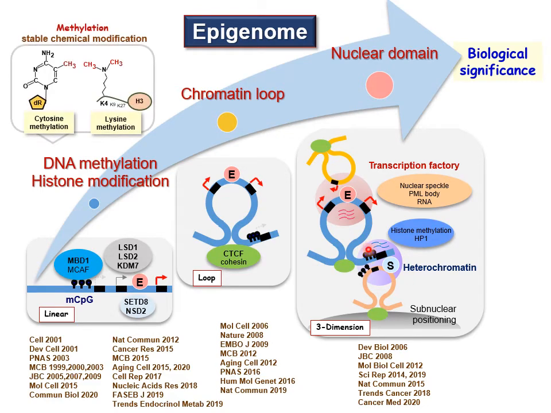Among them, we focused on methylation because this is a stable chemical modification. For example, cytosine methylation and DNA methylation, and also protein methylation like lysine methylation.